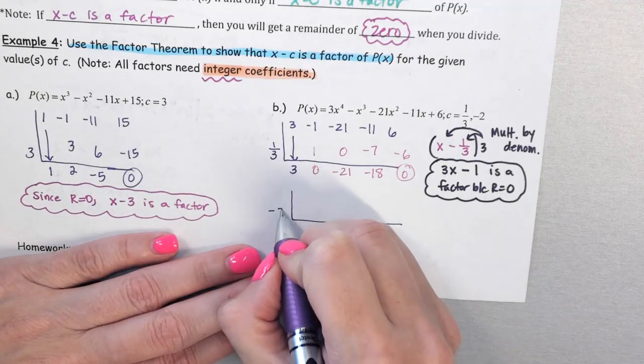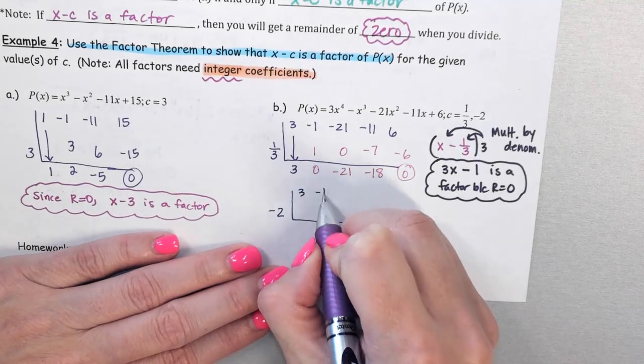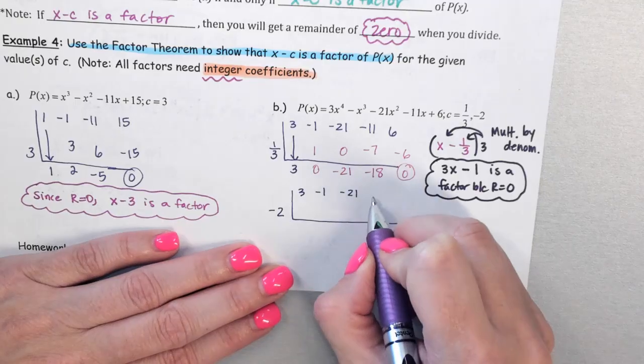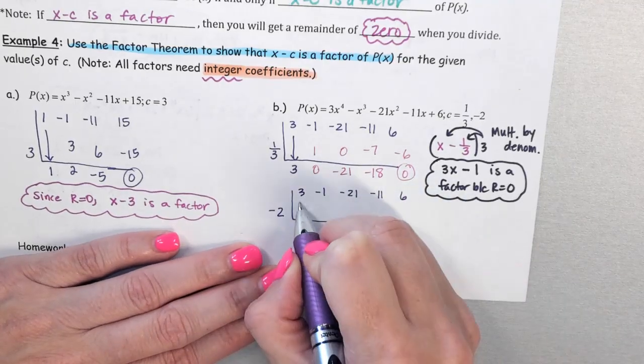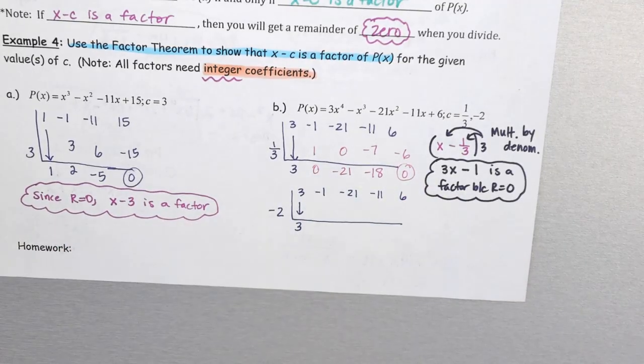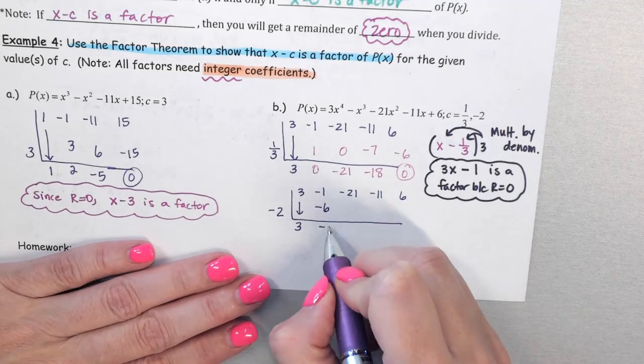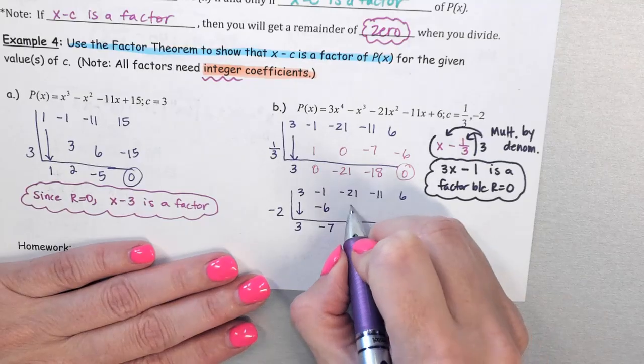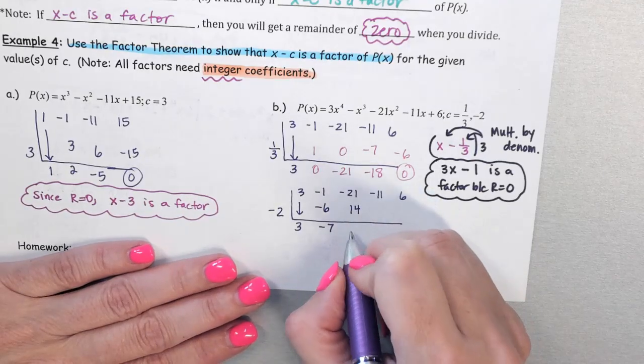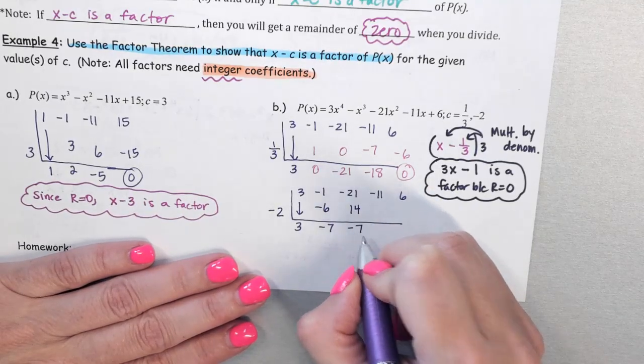And then we have to do -2. Now because we're using the same polynomial, I'm going to use the same coefficients. Okay, we always bring down the first. We multiply across, we add straight down. Negative times a negative is a positive. Add, you get -7.